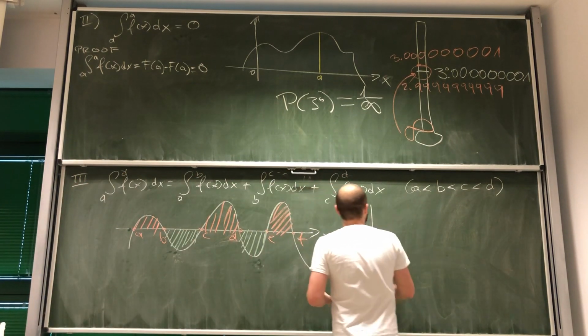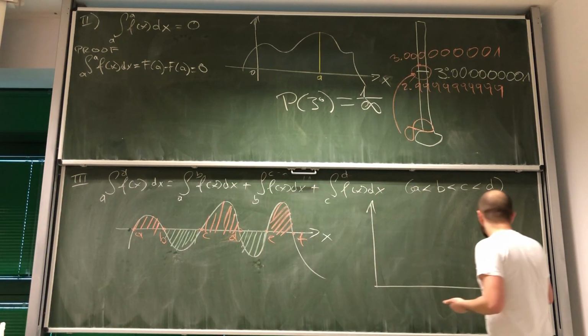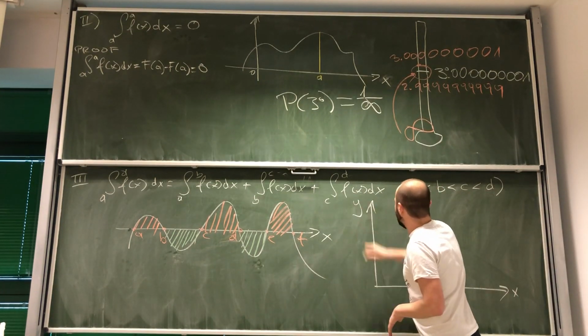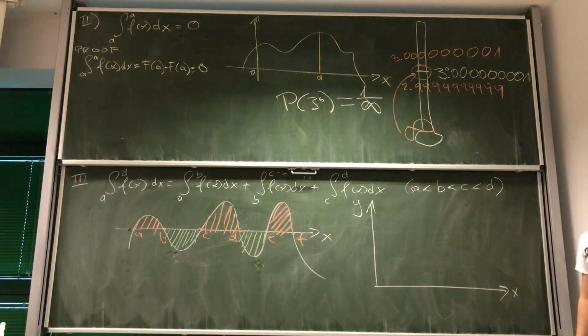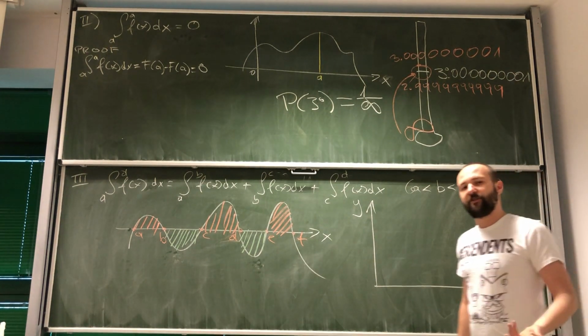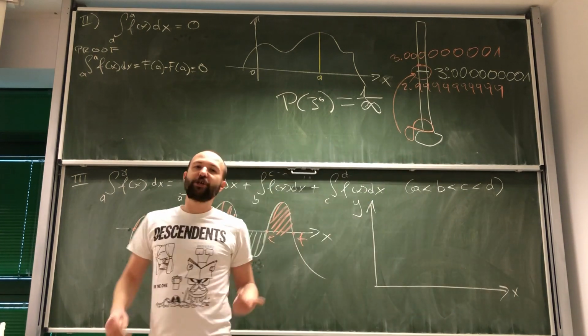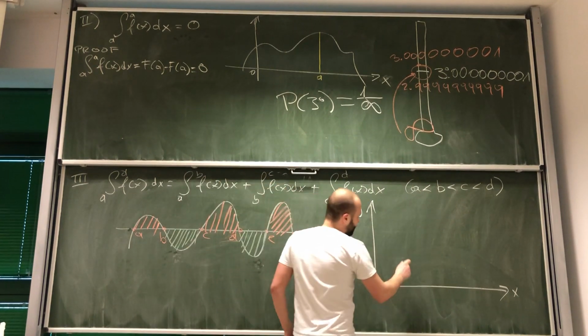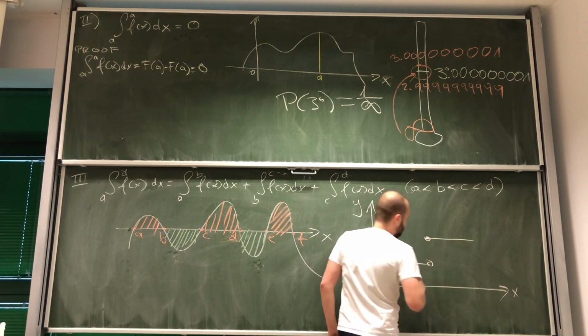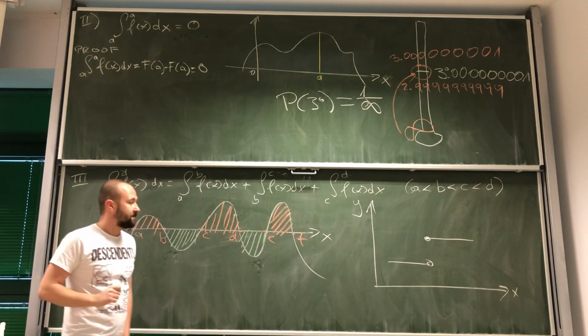For example, look, the integrability theorem basically said that if we want to calculate a definite integral over some interval, the function should be continuous. But for example, a step function is not continuous.